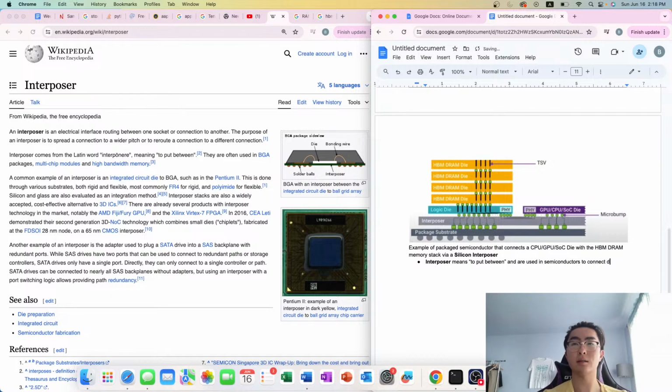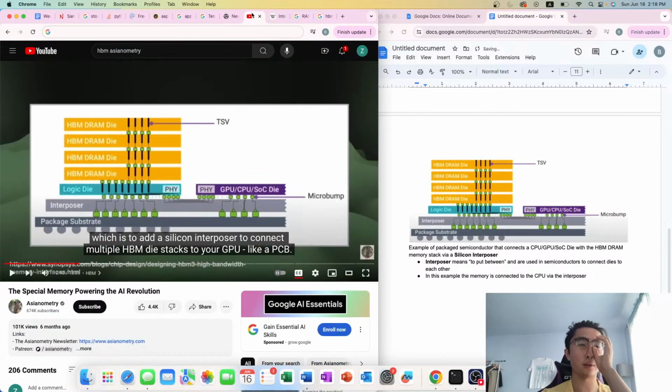To connect dies to each other. Remember, in this example, the memory is connected to the CPU via the interposer. I think that's kind of the most high level I can get.